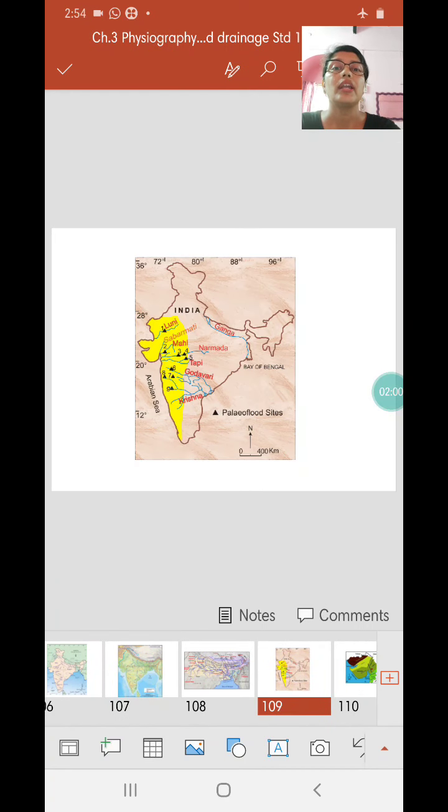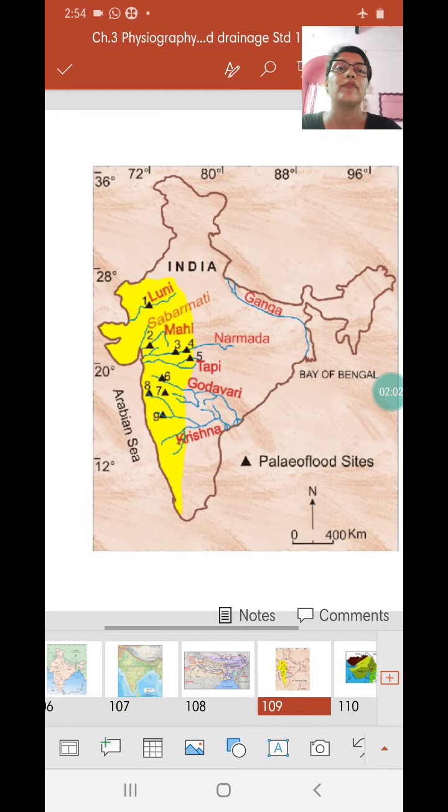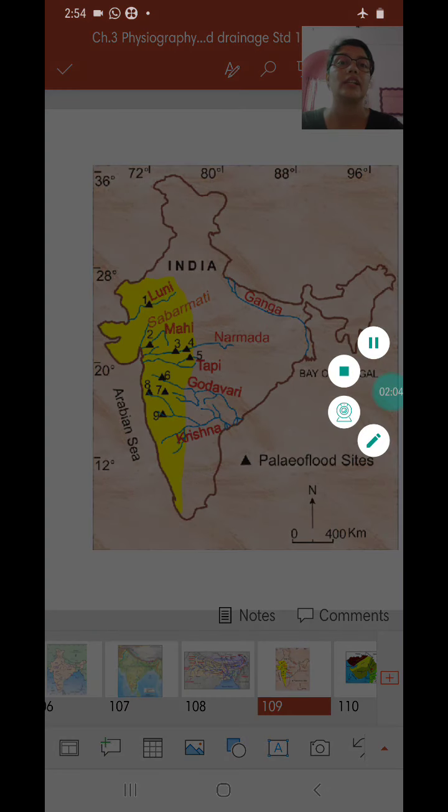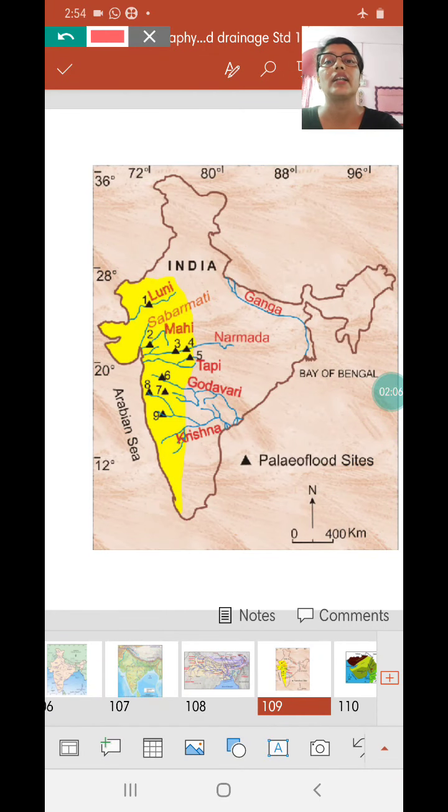Talking about some of the southward flowing rivers, we spoke about Aravalis, and we know that Aravalis that stretch here in Rajasthan, they do not have westward flowing rivers, but they have east and the north flowing rivers, and they also have southward flowing rivers. Among these, we'll be just glancing through two rivers, that's Luni and Sabarmati.